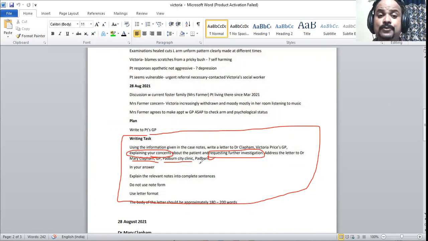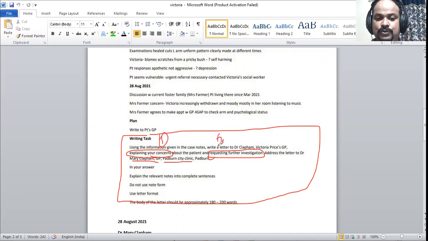Right now we are writing the letter for two things. The first purpose is to explain the concerns of the writer. So the writer has some concerns, to address the concerns, number one.